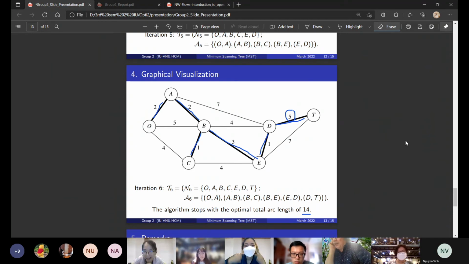To the group making the presentation: suppose that the number there is not the length, and you want to minimize not the length but the cost.